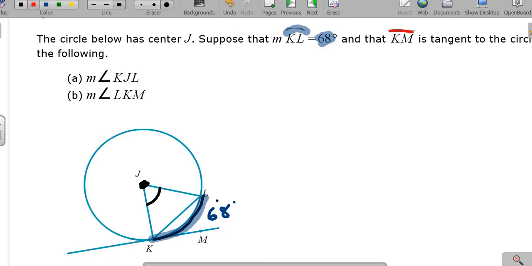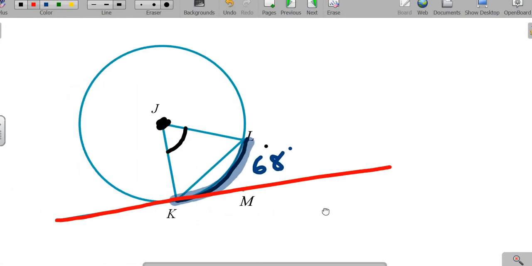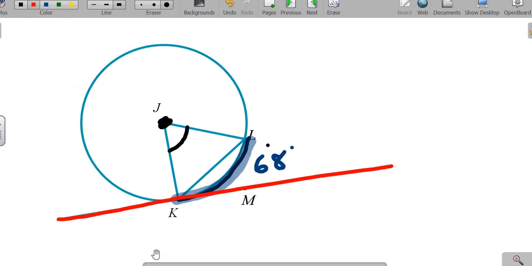KM is a tangent line. Now, I recommend, instead of actually looking at these two, to focus strictly on the diagram and just ask yourself, what can you find? Okay, don't just hunt for what they tell you to hunt for.